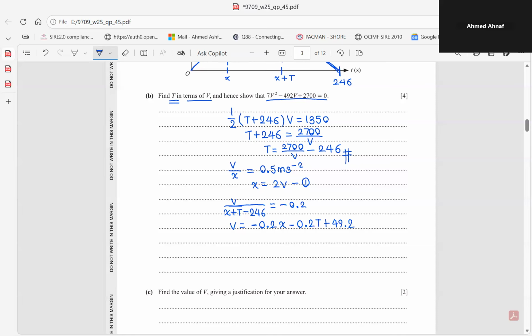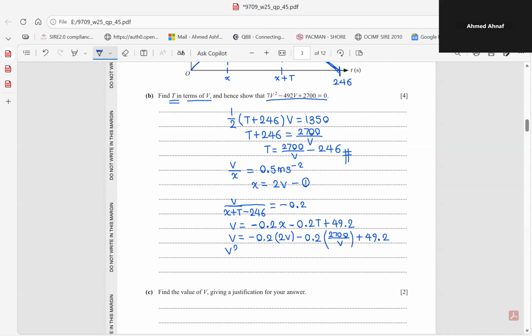So just substitute everything. 0.2 times x, 2v, minus 0.2 times 2700 over v, plus 49.2. I think we're going to have to multiply by v first.